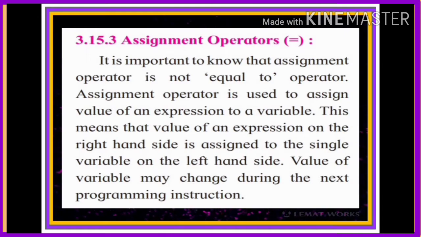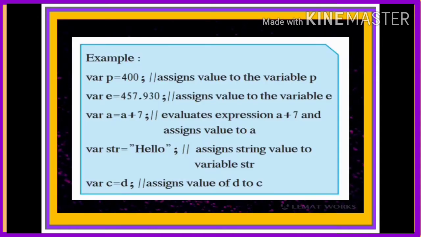Value of variable may change during the next programming instruction. Here are some examples of assignment operator. Where p equal to 400 assigns value to the variable p. Var e equal to 457.930.